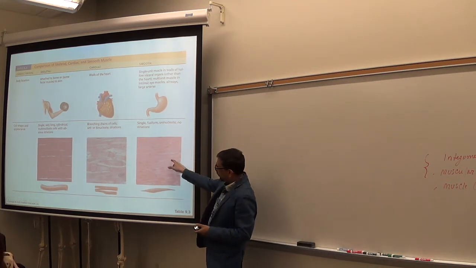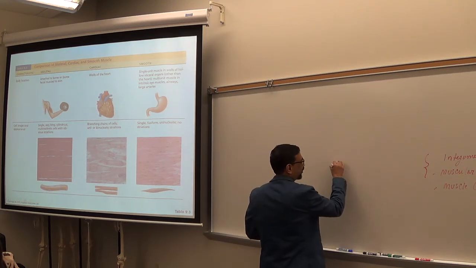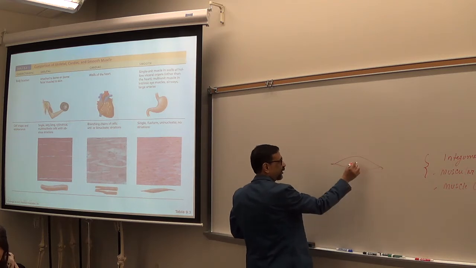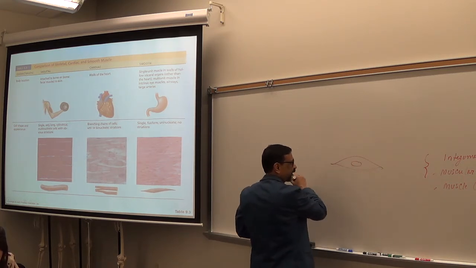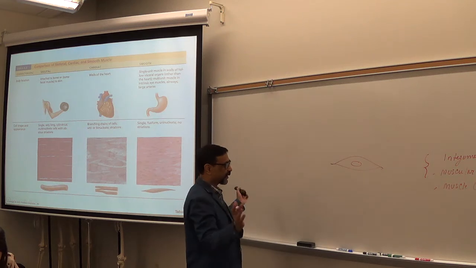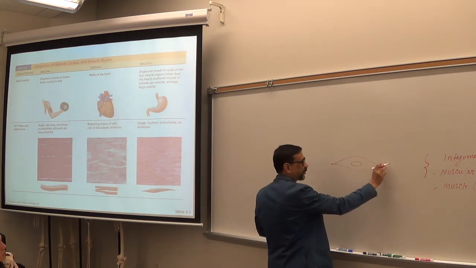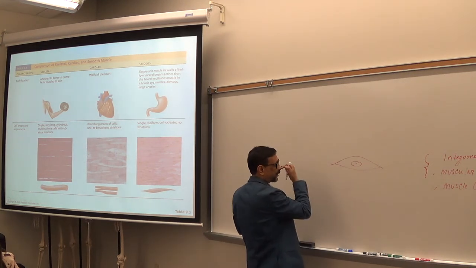If you see smooth muscle tissue, smooth muscle cells are spindle shaped. Both ends are pointed. Single nucleus located centrally. No striation, no intercalated disc, no branching. So very simple. Spindle shaped fiber, centrally located single nucleus. Okay.